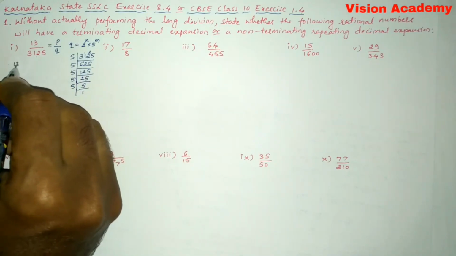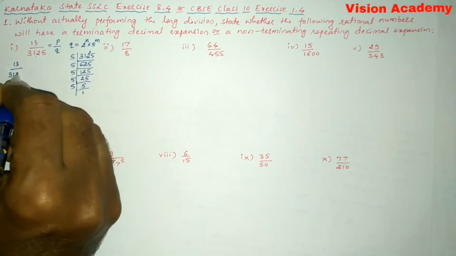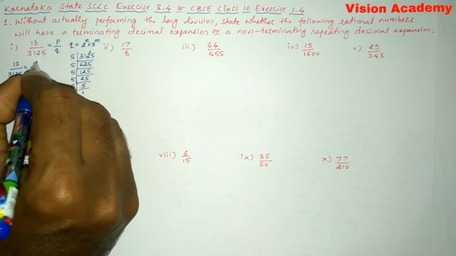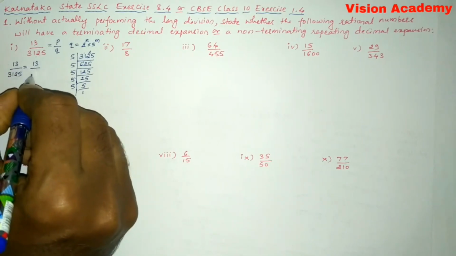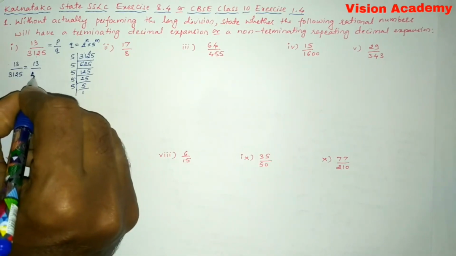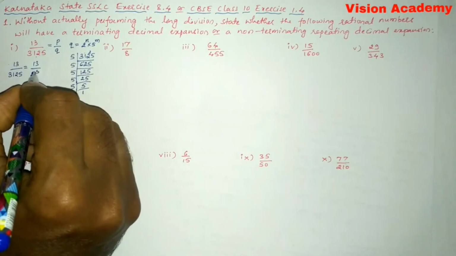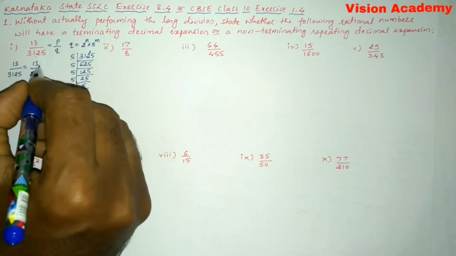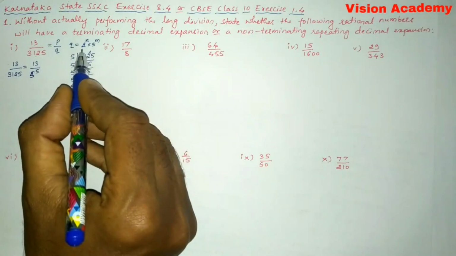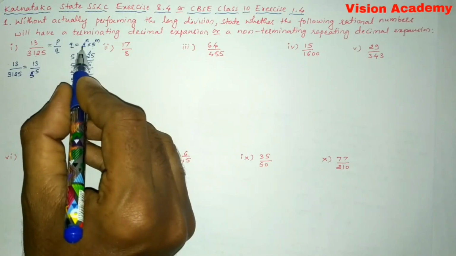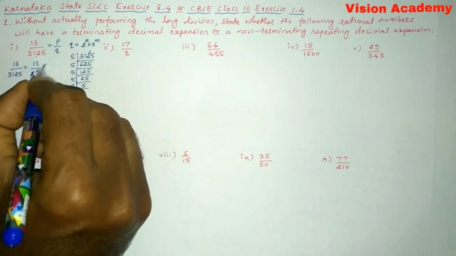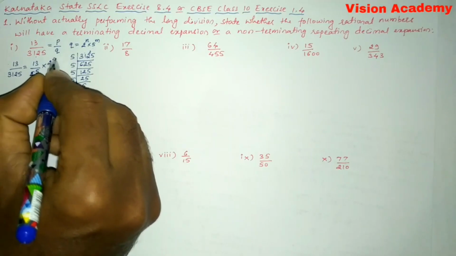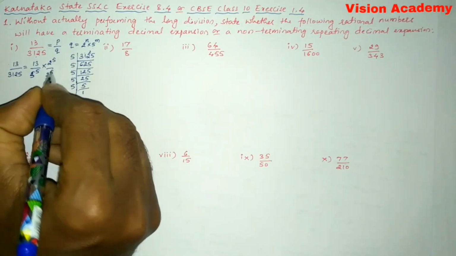Here I can write 13 divided by 3125 is equal to 13 divided by 5 to the power 5. 5 to the power 5 means 5 has appeared 5 times. So here it should be in the form of 5 to the power m and 2 to the power n. So let us multiply here by 2 to the power 5 divided by 2 to the power 5.